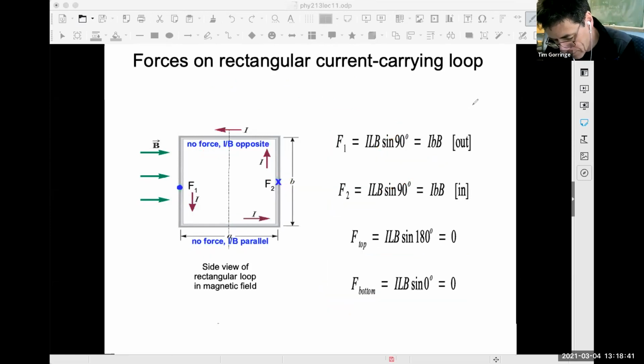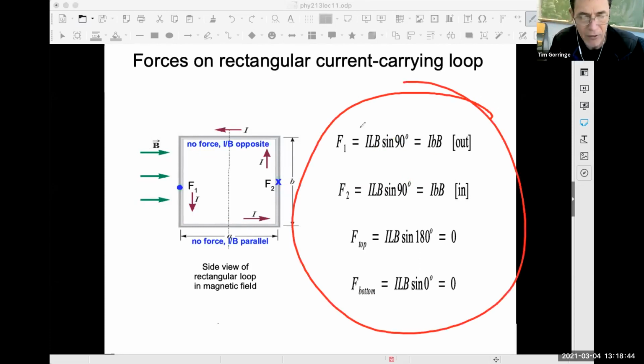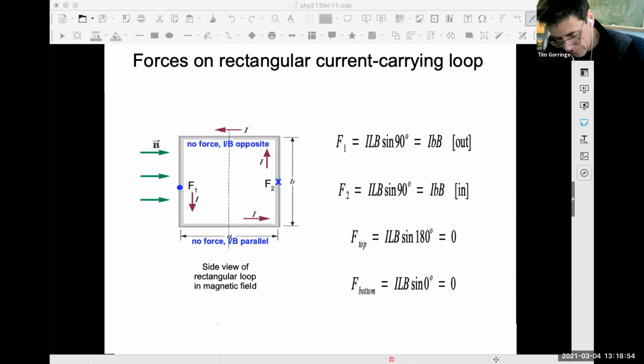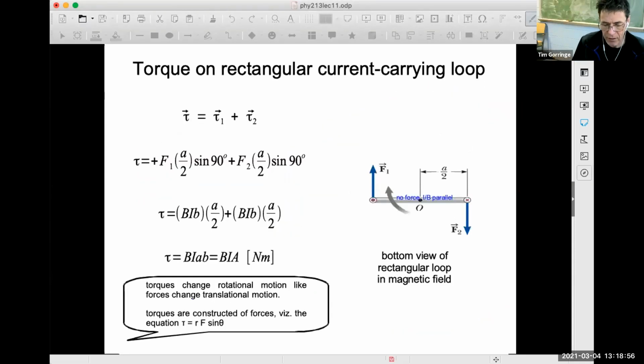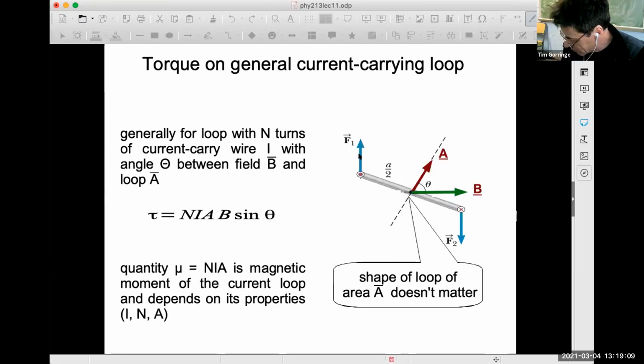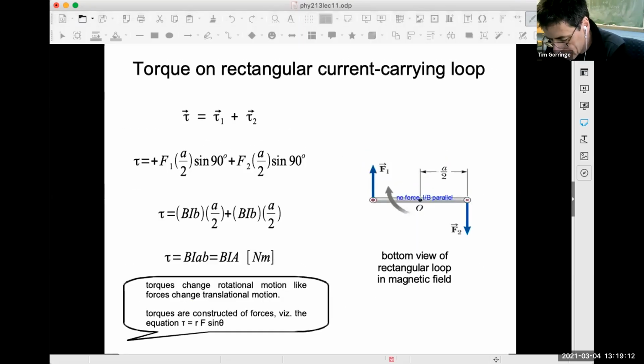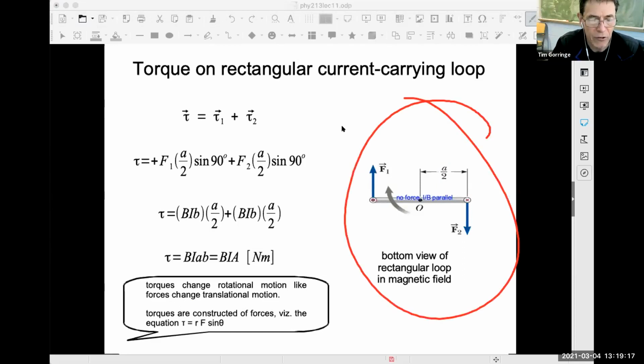Okay, so this is our end result of considering the forces. Now I want to come up with an equation for the torque on the loop. And to help us understand the torque on the loop, I want you to look at this sketch on the right.